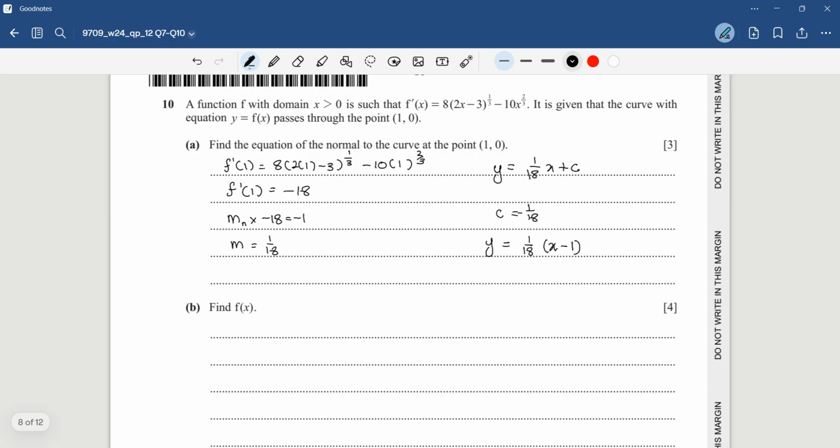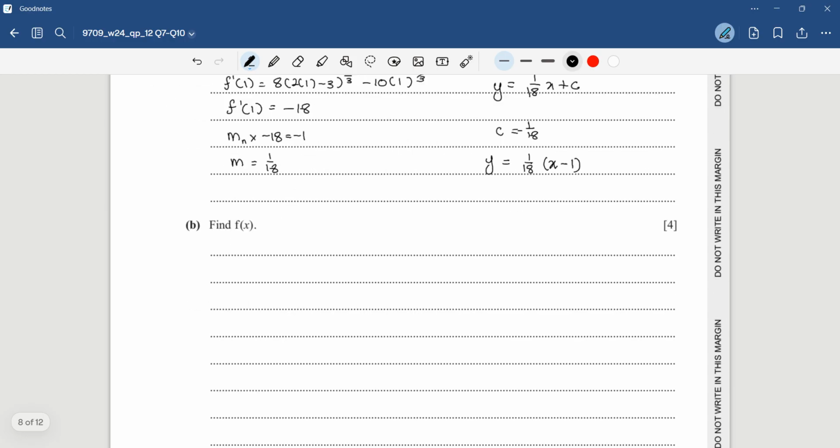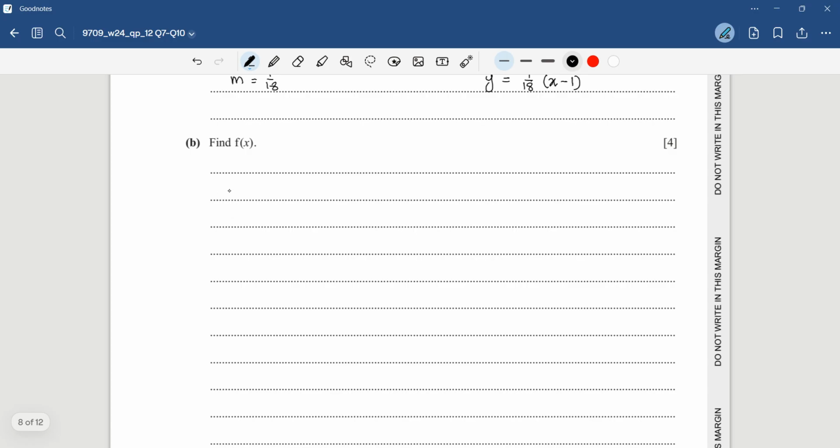Okay, so to find f(x), you just integrate that. So f(x) equal to the integral of 8(2x minus 3)^(1/3) minus 10x^(2/3).